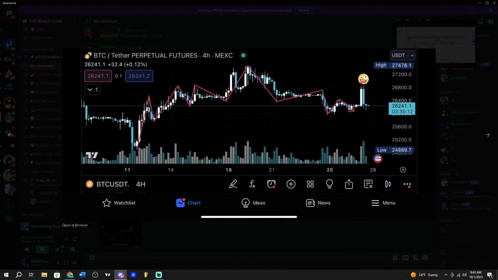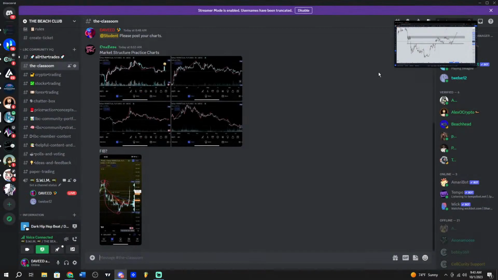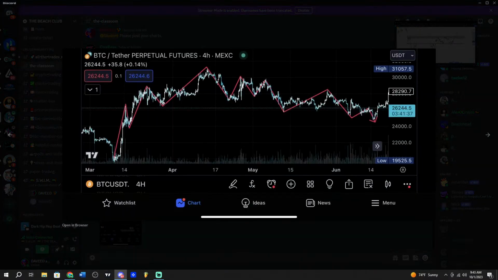Let's come on over to here. This chart. 1, 2, 3, 4, 5, 6. Okay, so this is where we get a little bit messy in here. So this, yes, you are picking out highs and you are picking out a low here. Okay. But this is not our basic market structure, because this, what you drew out here, was a consolidation range.